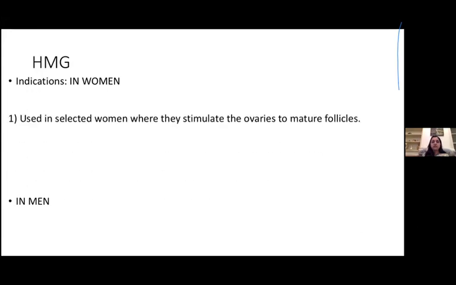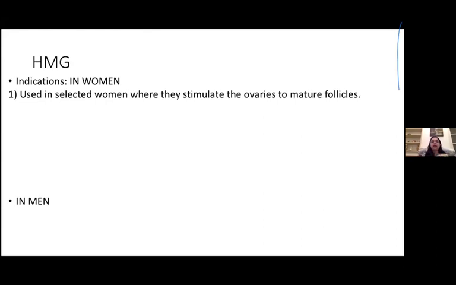So the first and foremost indication will be in selected women where you want to stimulate the ovary follicles. Then the second most important indication that we all use it for is something known as hypogonadotropic hypogonadism.